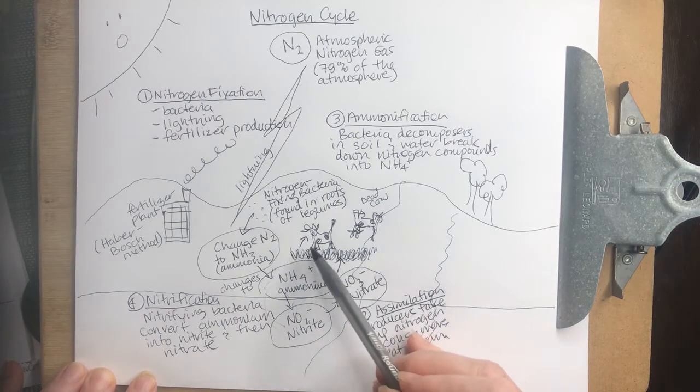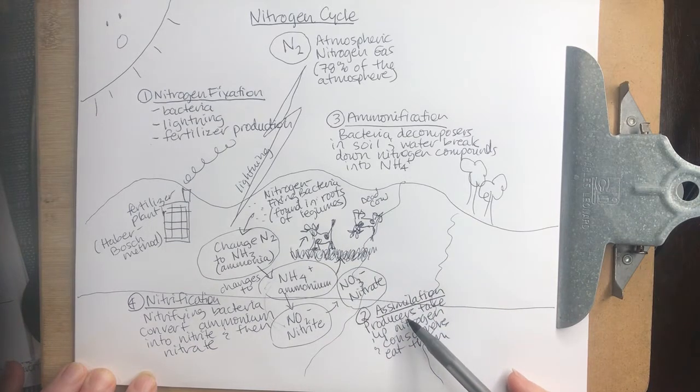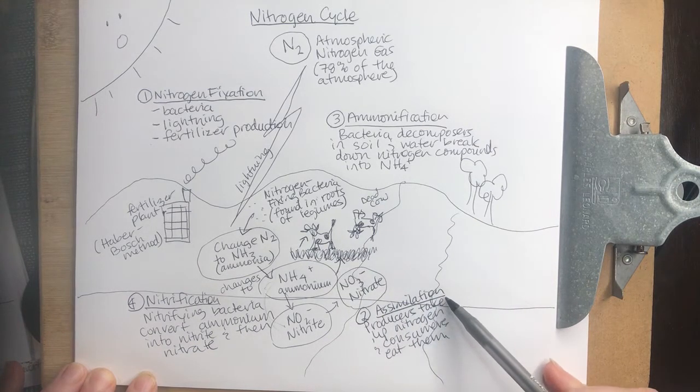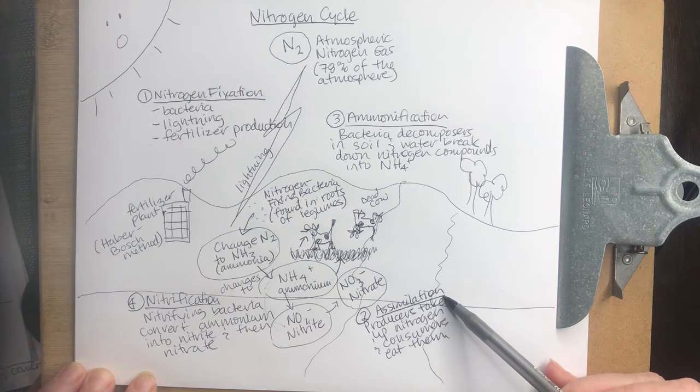And we have animals eating those plants, taking it up into their body, making that nitrogen part of their body tissues, their body compounds, was assimilation.